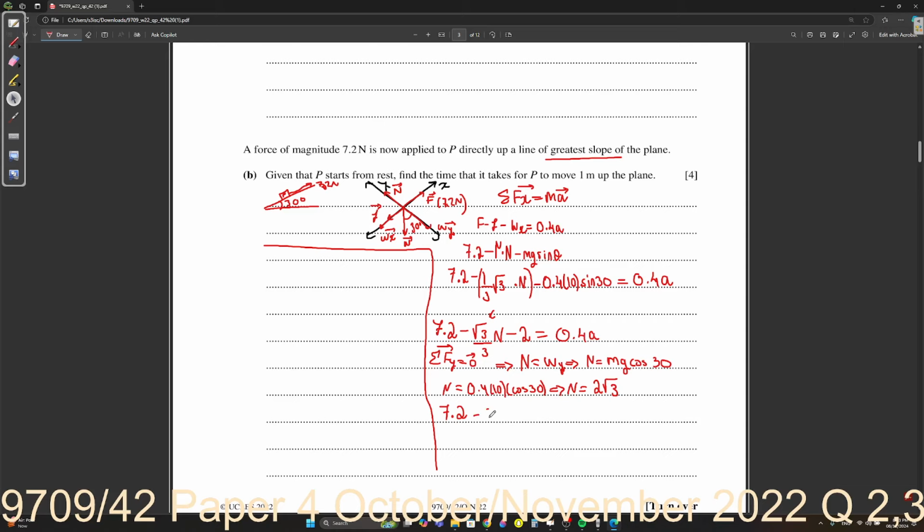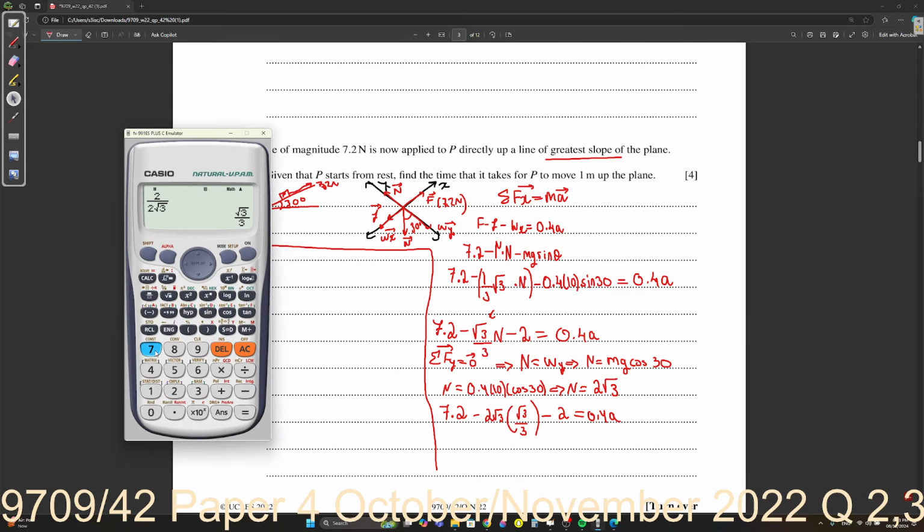I'm going to do 7.2 minus 2 root 3 times root 3 over 3 minus 2 equals 0.4a. Root 3 cancels. Whatever, I'm just going to put it in a calculator.